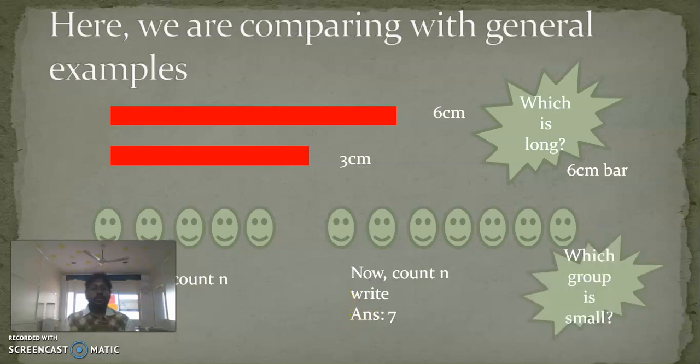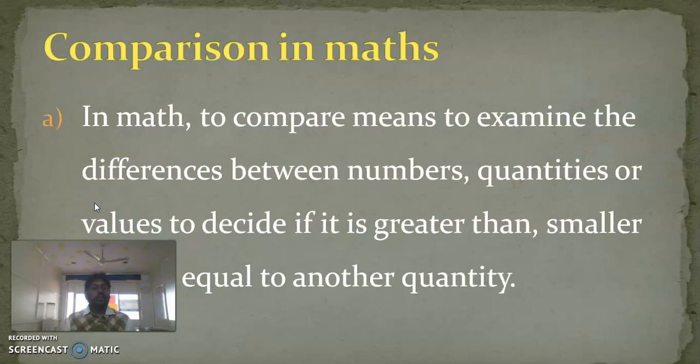Which group is small? We have two groups here, one group and a second group. My question is, which group is small? The group having 5 smiley faces is small. Now what is comparison in maths? We have taken some general examples, but coming to maths, how is it the comparison of numbers?